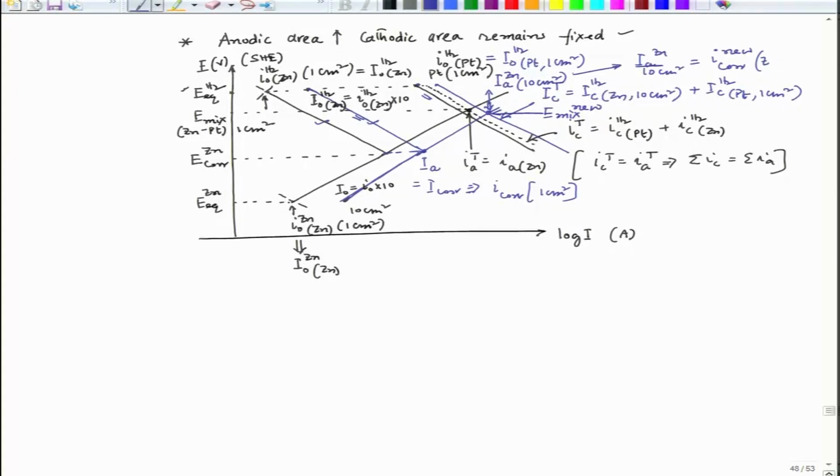That will change the overall diagram, but by looking at this, apparently it looks like the corrosion rate of zinc should increase. But if we do some numerical analysis, we will see, interestingly, the corrosion rate of zinc does not increase; rather it is lower than the corrosion rate of zinc when equal areas of zinc and platinum are connected. We will see with an example.